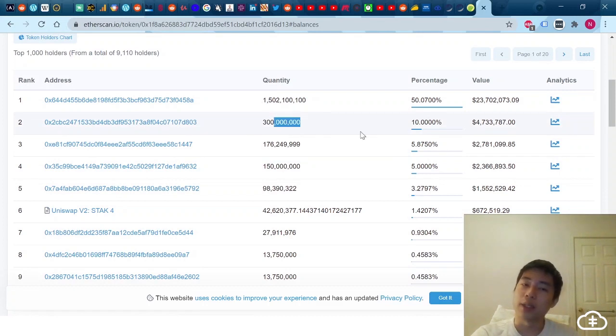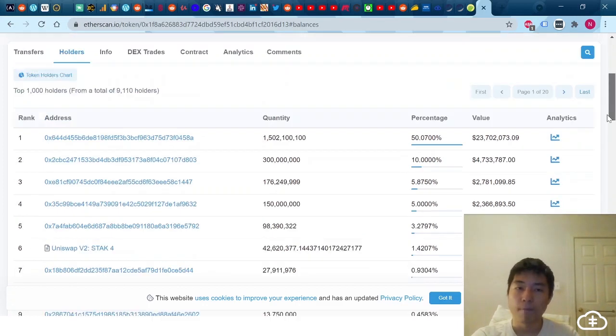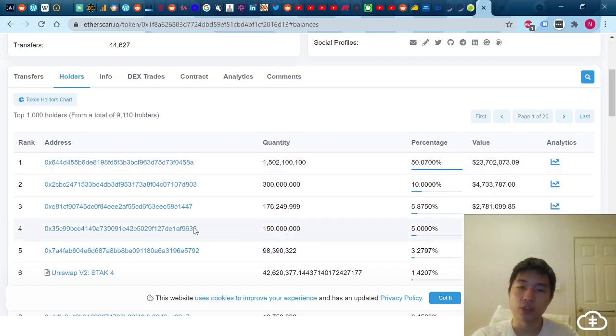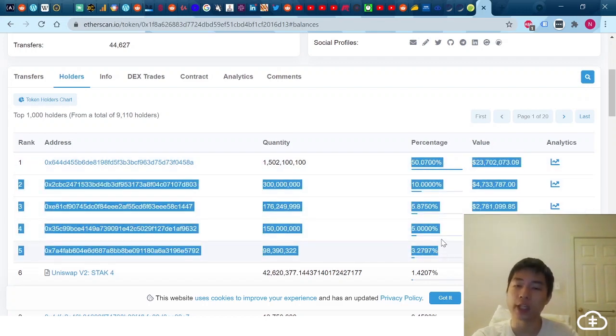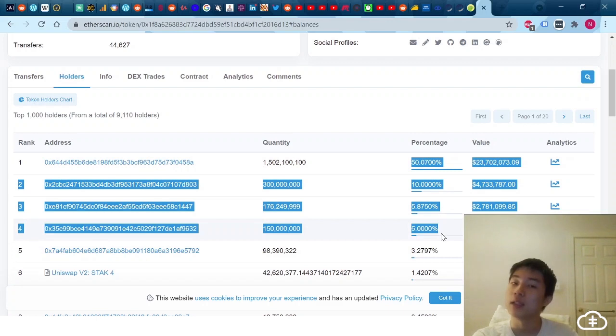And you can see right here, again, this person owns 10%, 5%, 5%. Generally, if people are owning large percentages of a token, you check it out and make sure you understand what exactly is going on here.